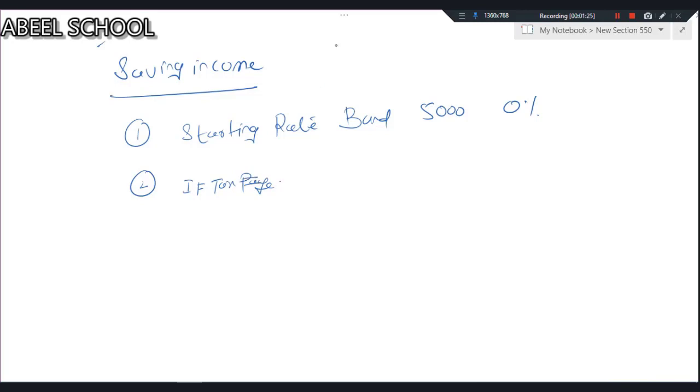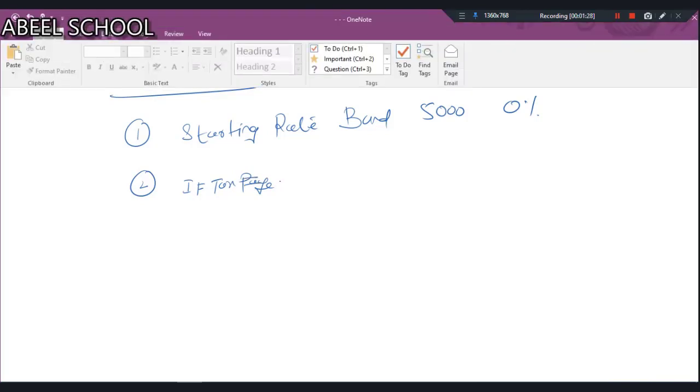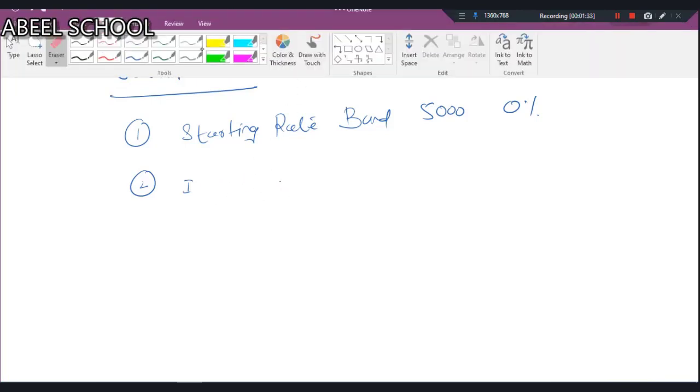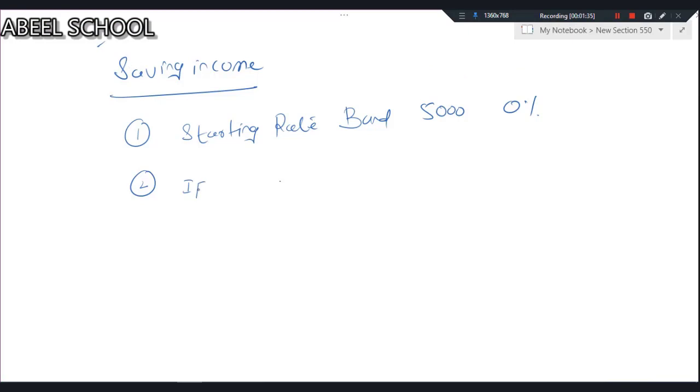If someone is a basic rate taxpayer, then that individual gets a nil rate band of 1,000 pounds.